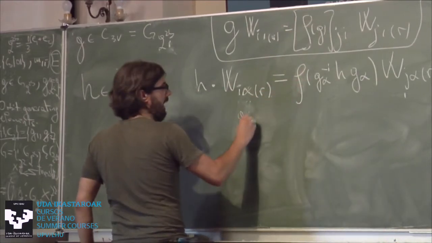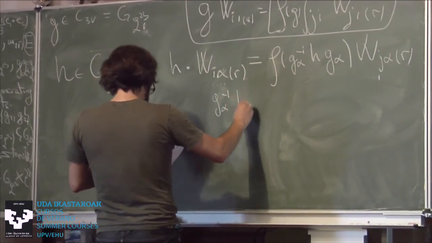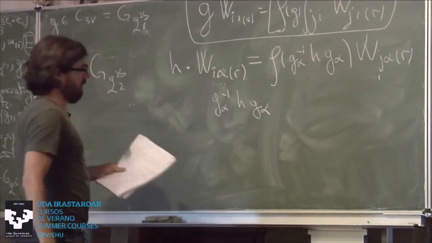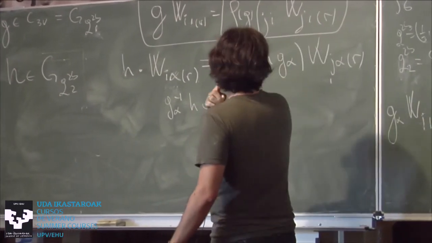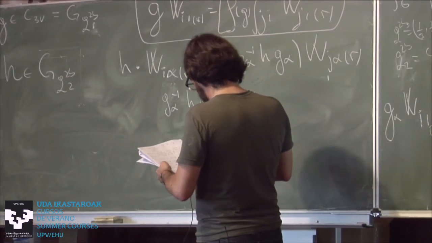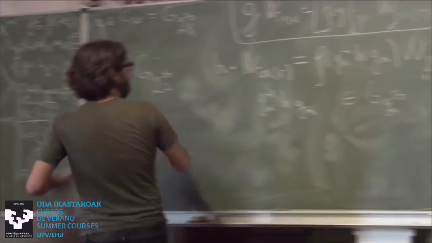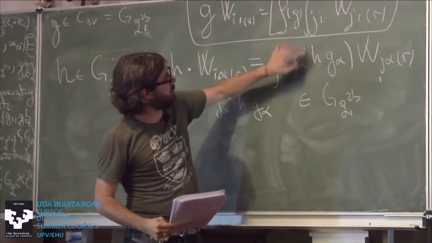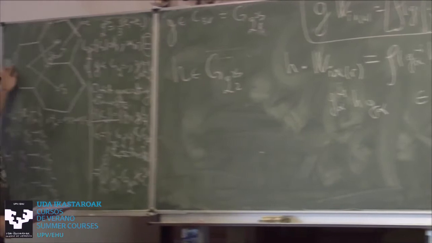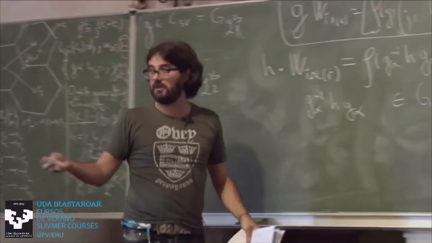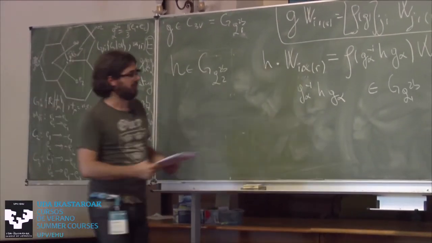Notice that G alpha minus 1 H G alpha belongs to GQ1 of 2b, not to GQ2, right? So I define a representation on GQ1 at 2b of this site. This is rho, and I can find a representation on this site. This is, for example, the simplest example of representation induction, where instead of finding the representation only on this side, I can find it on this side too.